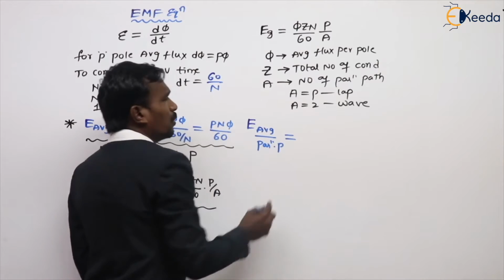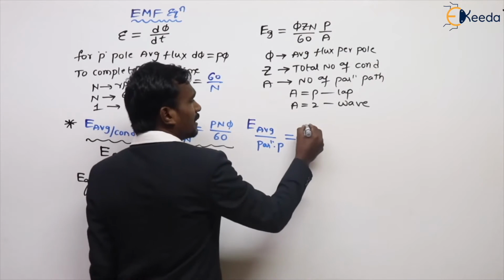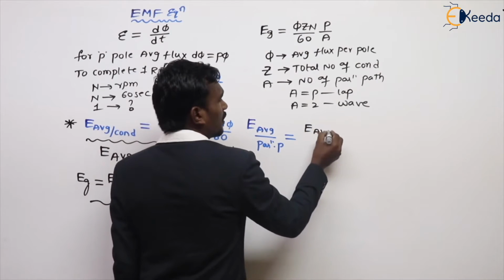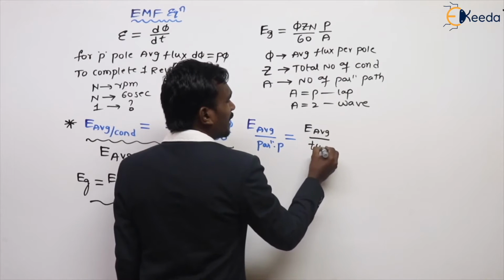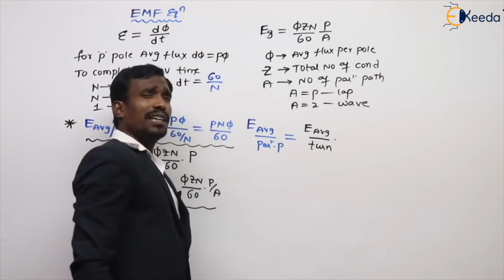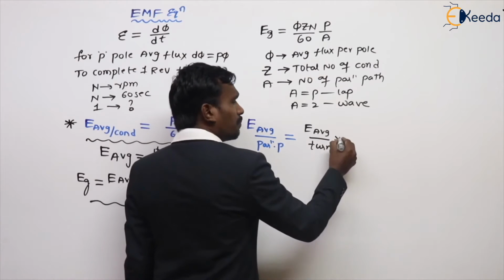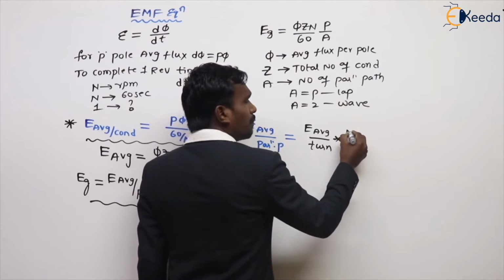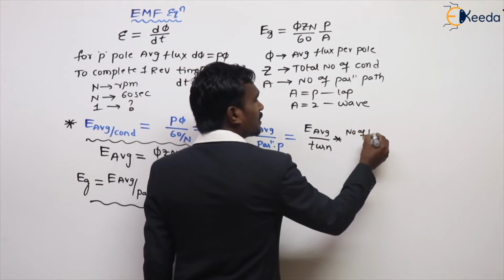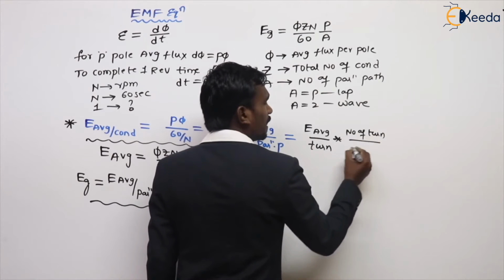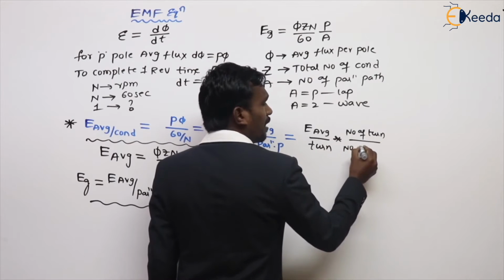So we know finally E average per parallel path, but they will give you E average per turn. Then how can we get our EMF? If they give E average per turn, then multiply it with the number of turns by the number of parallel paths.